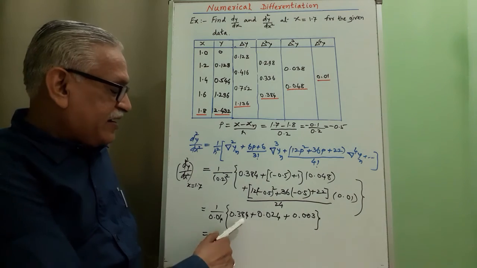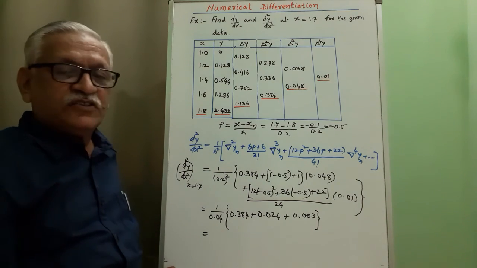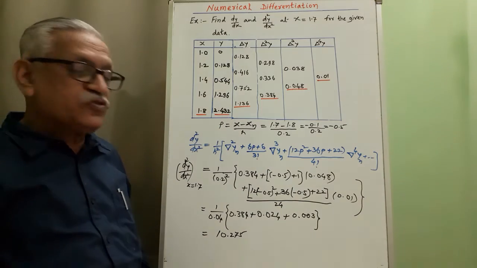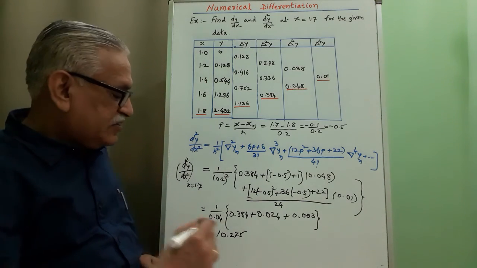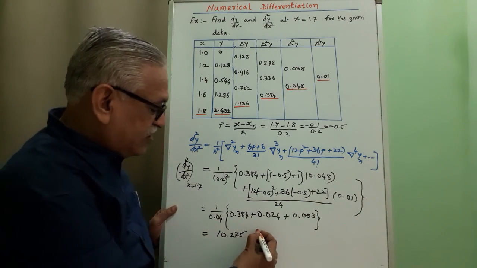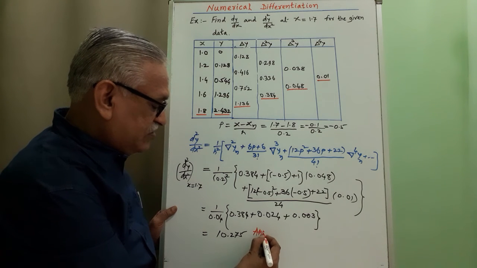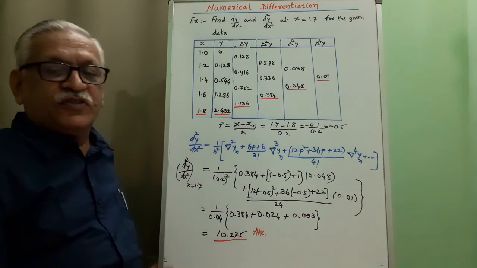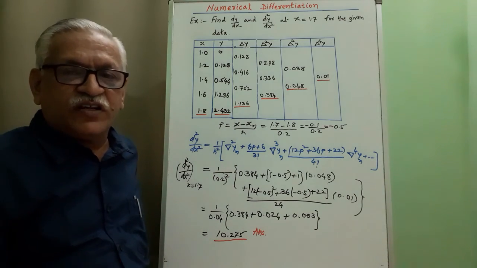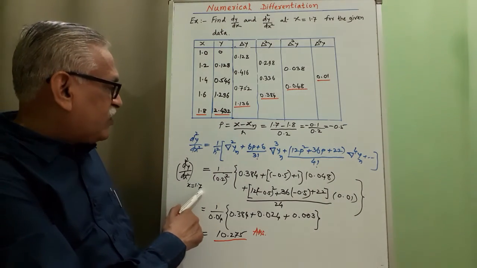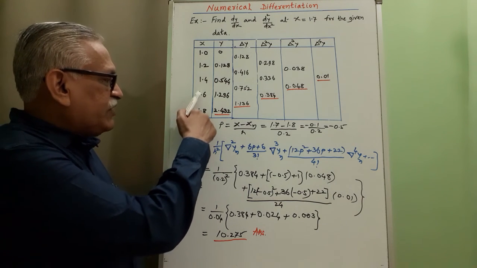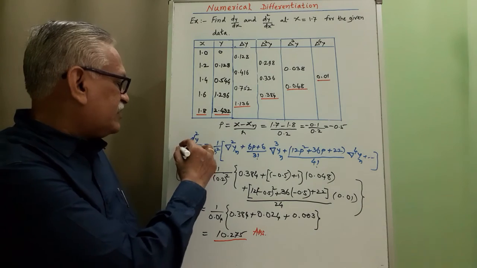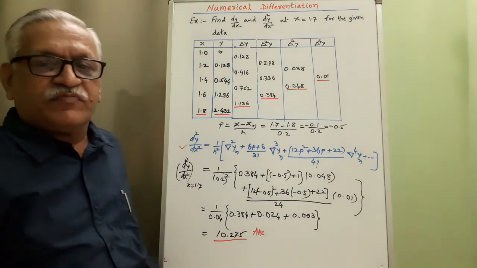Then adding these and dividing by 0.04, we get 10.275 as the value of d2y by dx square, the answer for this problem. Therefore, this is the value of the second order derivative at the point 1.7, which is in between 1.6 and 1.8, applying the corresponding formulas.